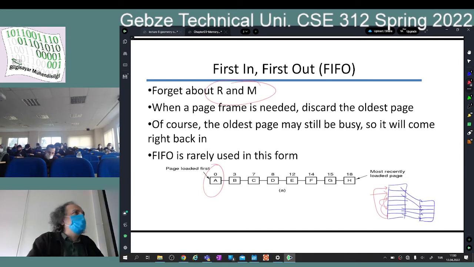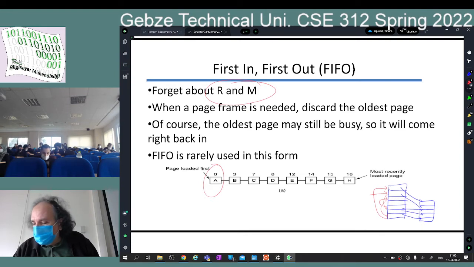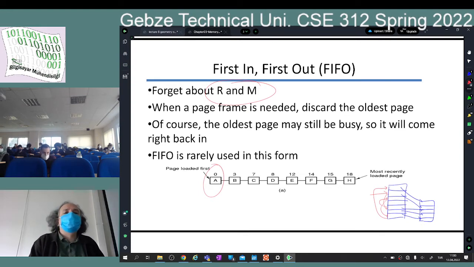If my MMU is so primitive that it doesn't offer me any R and M bits, then this is implementable. This is nice, but there is a problem with this one.